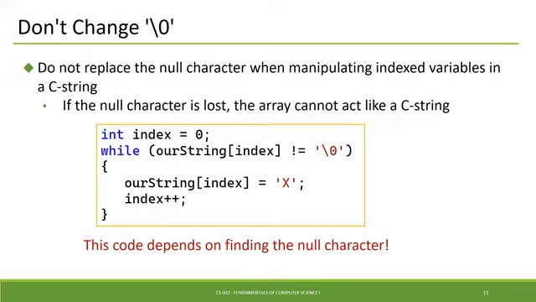Okay, guys, let's start again. In C strings, the most important thing is the null character. So do not change the null character. For example, let me talk about this one.